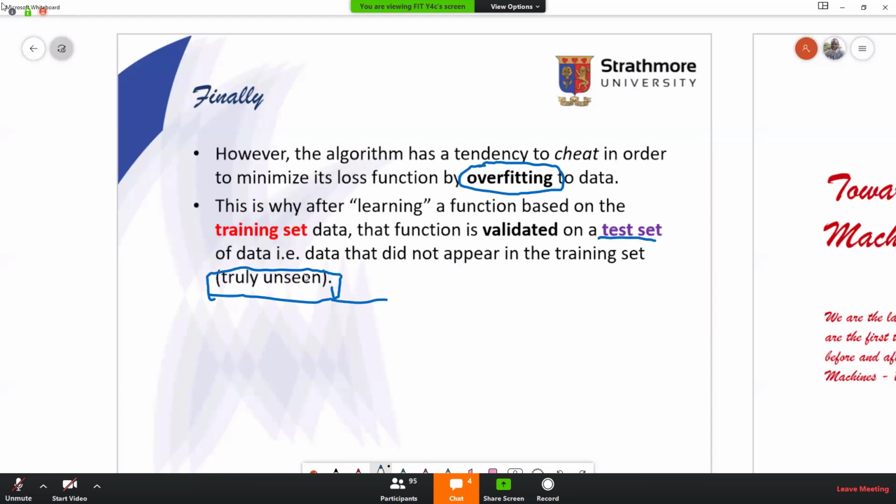Okay, so we actually train on a portion of data we call the training set. Then we validate on another different portion that is called the test set.